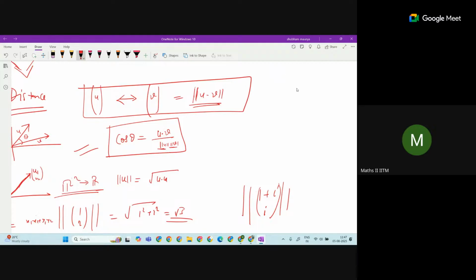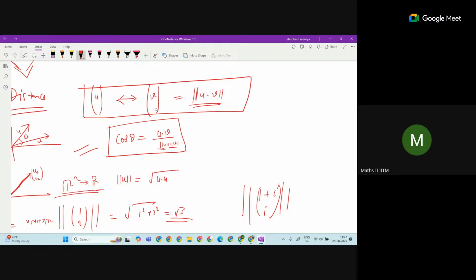That is for the angle only, and u dot v is for the different inner product. I just wrote it quickly. Sorry for that.